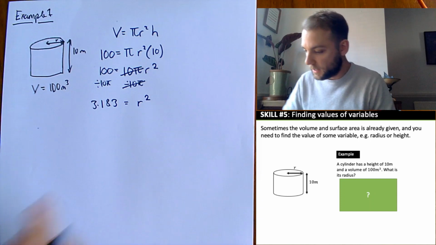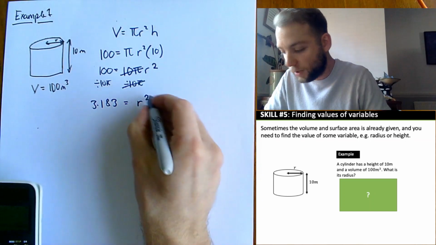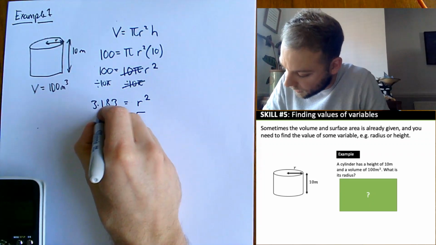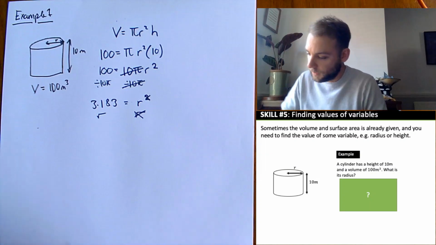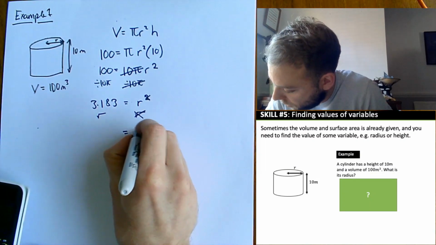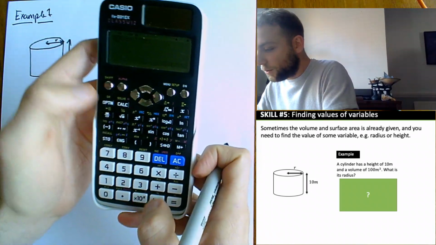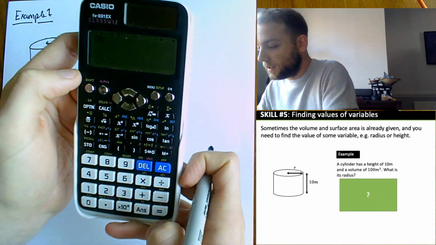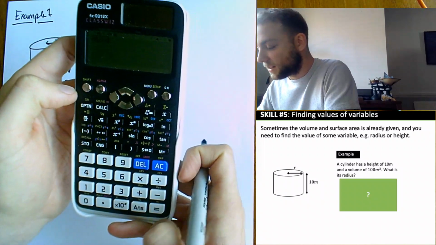So then what is the radius? Well, I need to square root this now to get rid of this squared. So I'm square rooting both sides. That gets rid of that. So r is equal to the square root of this. So square root, shift, answer. Not percentage sign. Square root, no shift, answer.